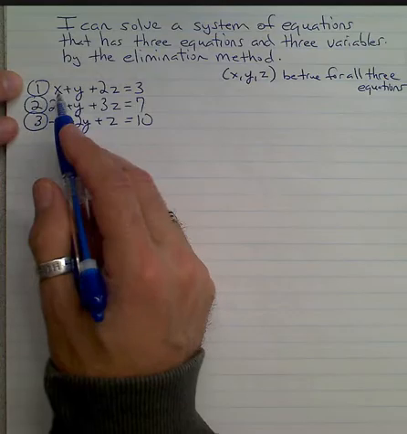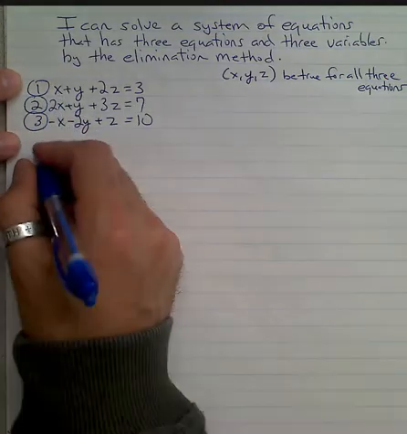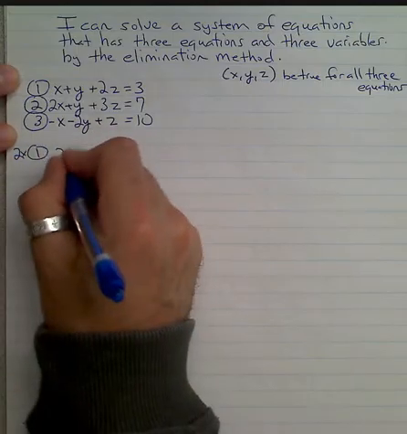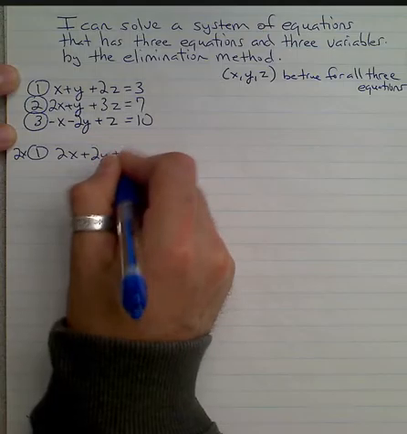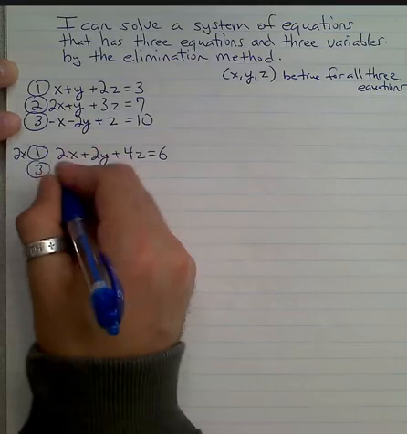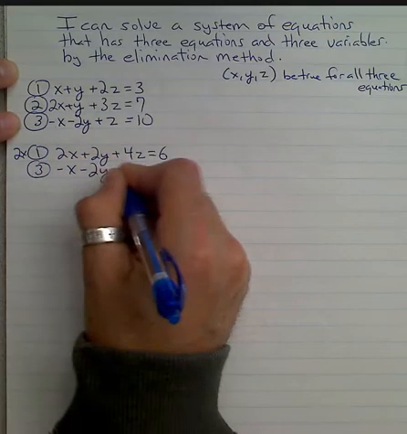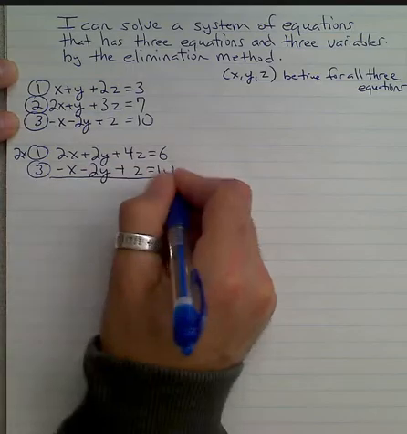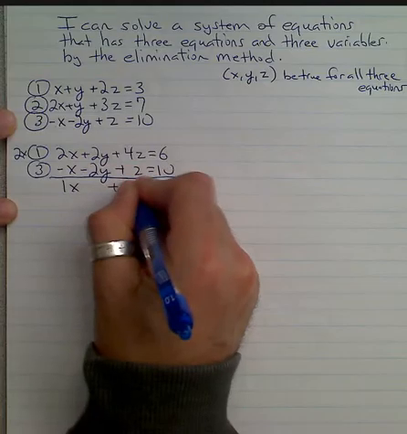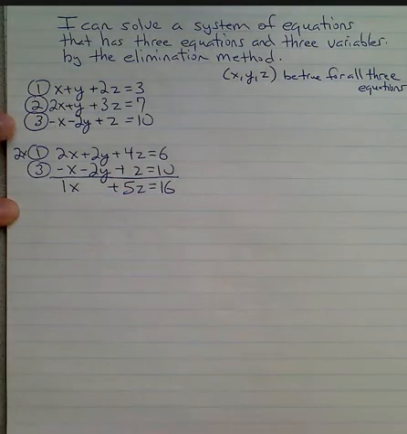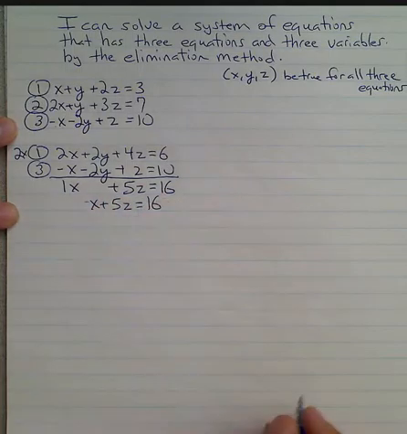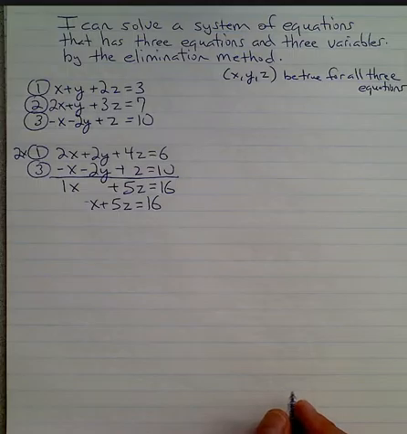I could have decided to get rid of the x's, but if I take number 1 times 2, I get 2x plus 2y plus 4z equals 6, and I combine that with number 3, then I will eliminate the y variable. And I have x plus 5z equals 16.